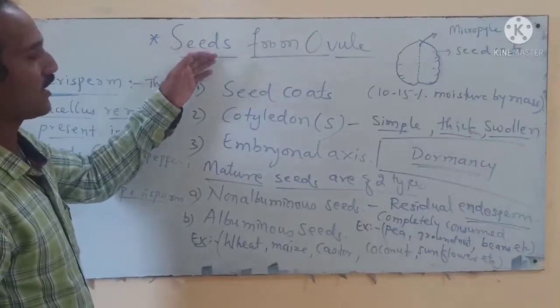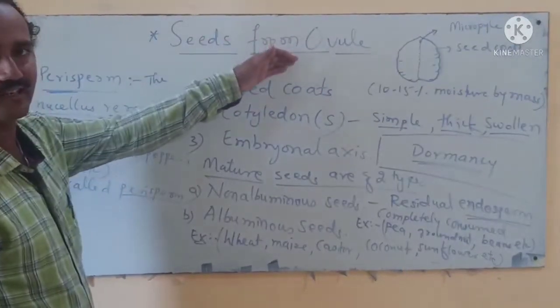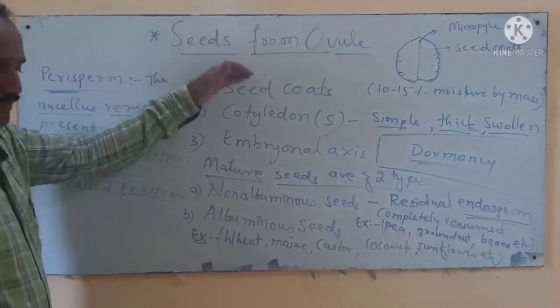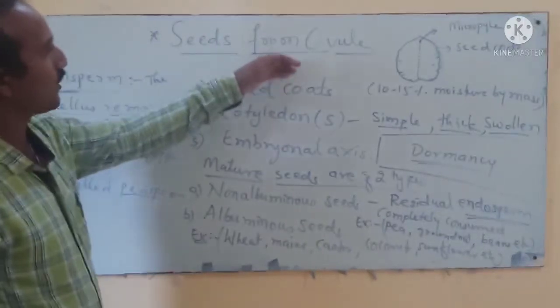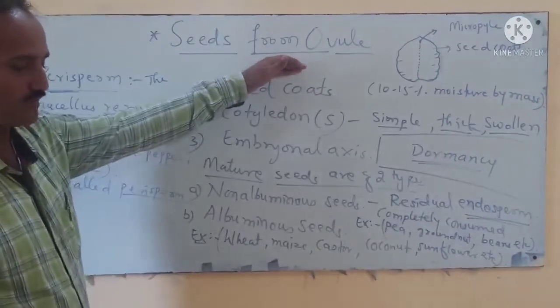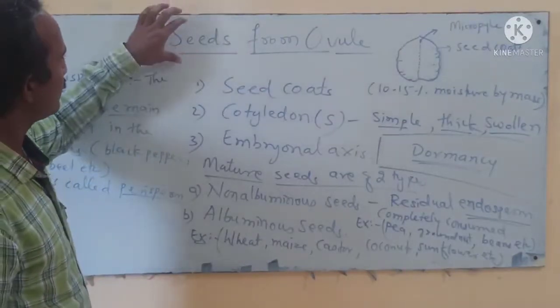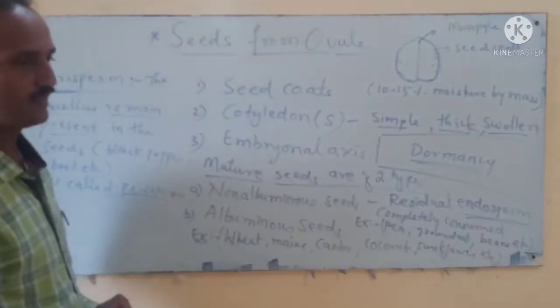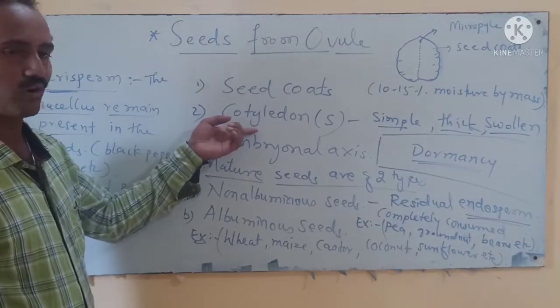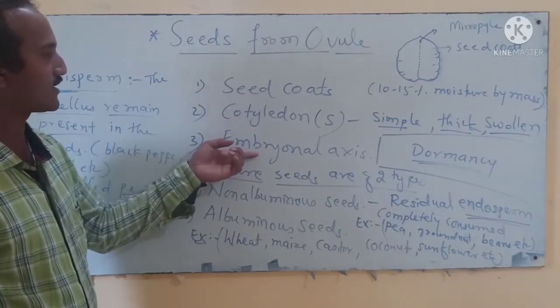So seeds are formed from the fertilized ovule, which develops inside the fruit. This is the final product of sexual reproduction. It contains three parts: seed coat, cotyledon, and embryonal axis.